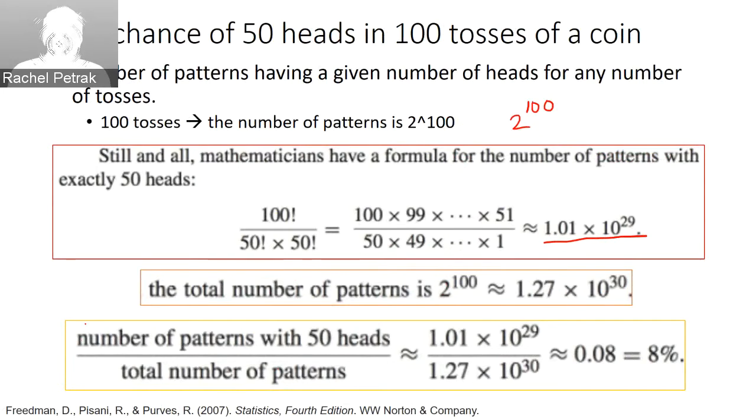So if we want to get to the percentage of our patterns with 50 heads, then we need to use a ratio of the number of patterns with 50 heads to the total number of patterns. And you see that's how they end up with an 8% chance of getting 50 heads in 100 tosses of a coin.